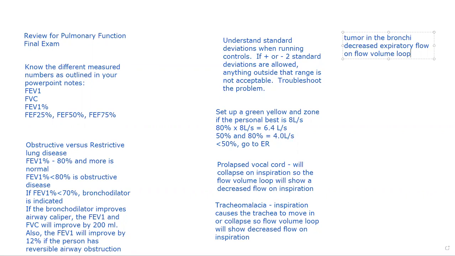The Borg scale is 1 to 10, with 10 being severe dyspnea. And as far as calculating, let's see what I had about that. So nothing in my notes about it.